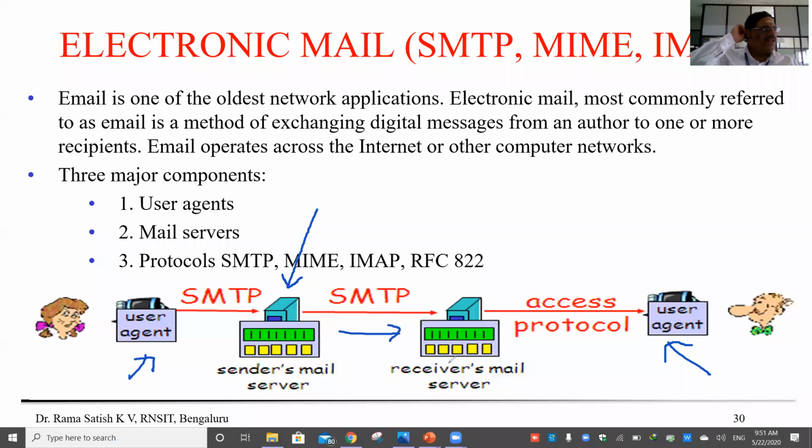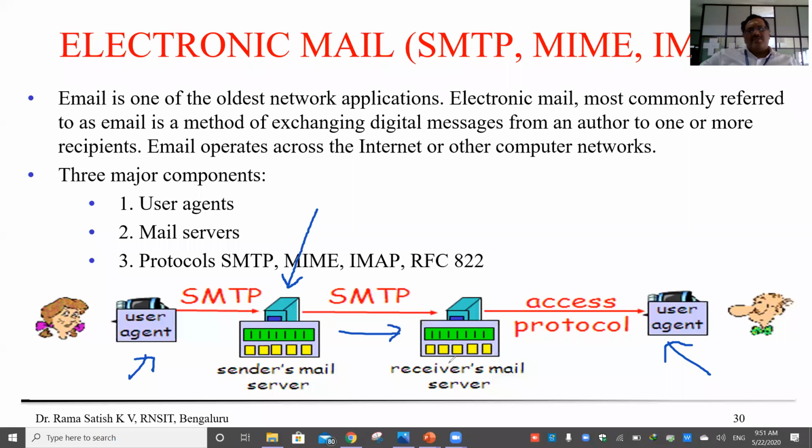Suppose I send a mail from Bangalore and my recipient is in the US, so it will be sent to the US. In Bangalore, the Google mail server is there. I just send, and the Google mail server will contact all the mail servers across various parts of the world.